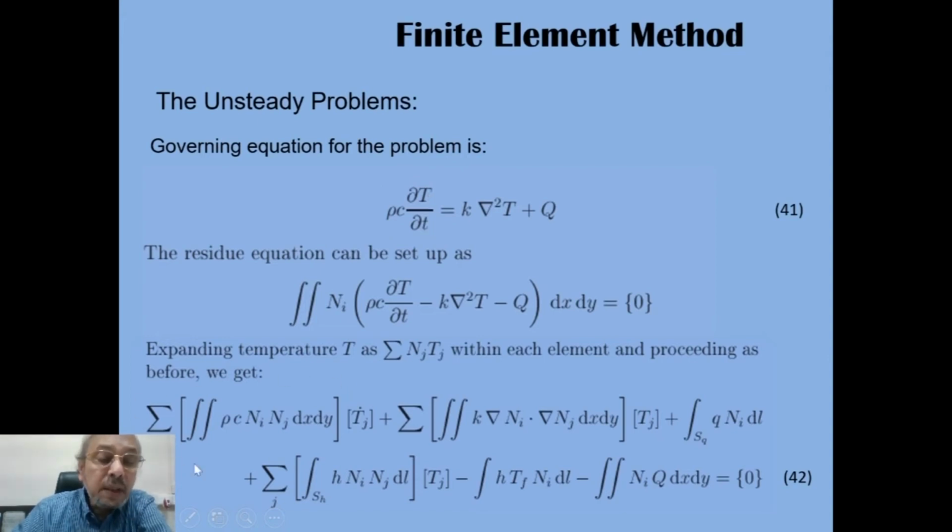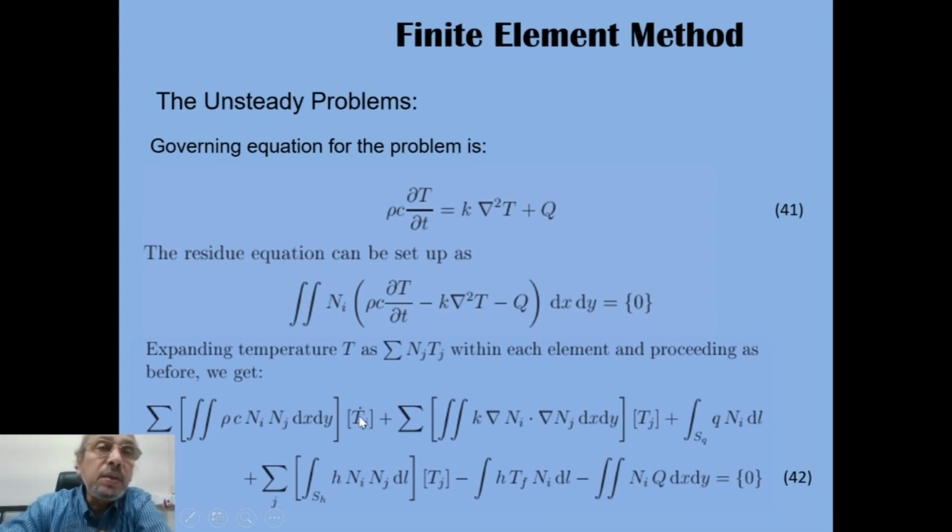So we are using the mass lumping concept here, and we are lumping this and multiplying it with basically T1, T2, T3, but their derivatives, because this quantity is now a time derivative.